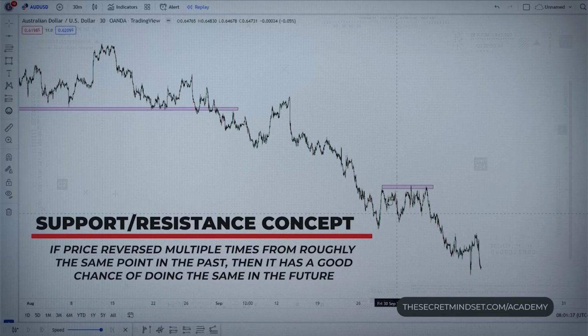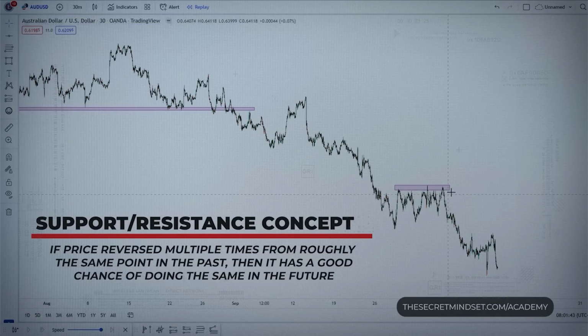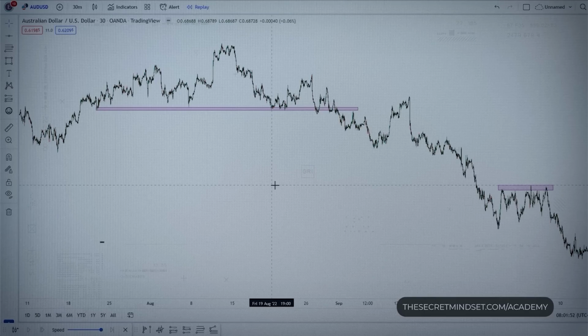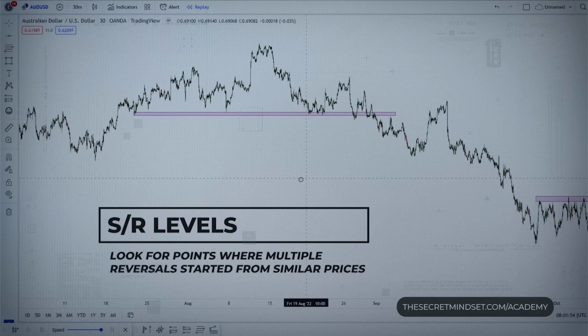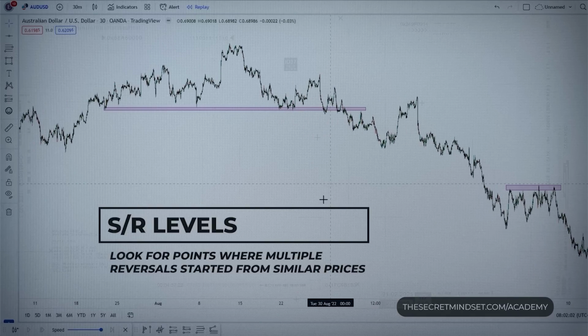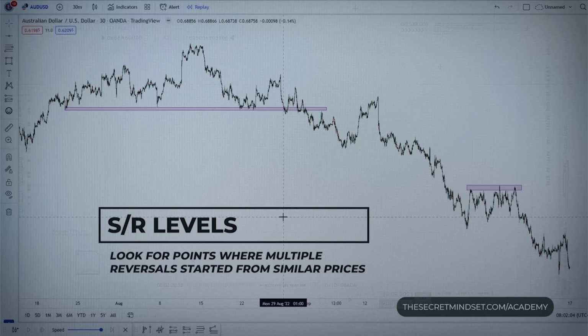When trading support and resistance, the idea is if price reversed multiple times from roughly the same point in the past, then it has a good chance of doing the same in the future. So when trading based on support and resistance, you must identify where these lines are located in the market. You look for points where multiple reversals started from similar prices.